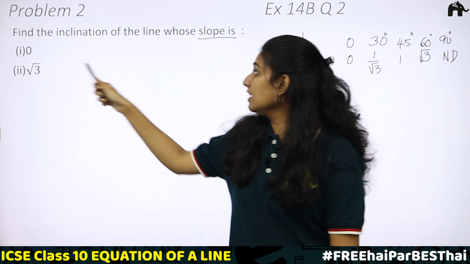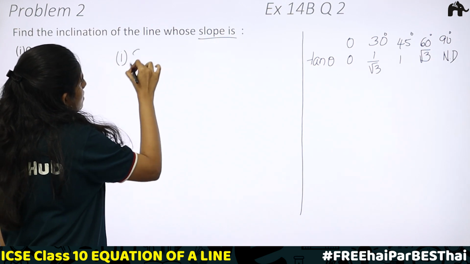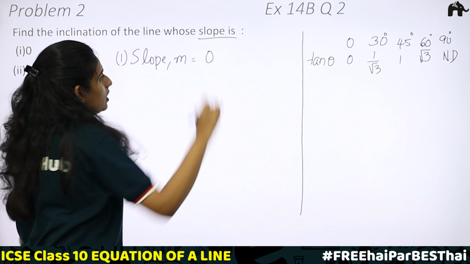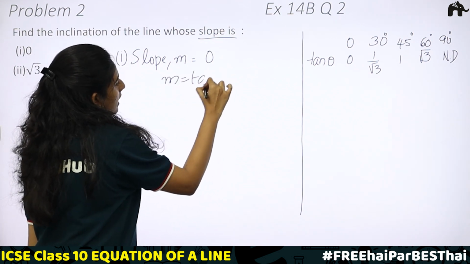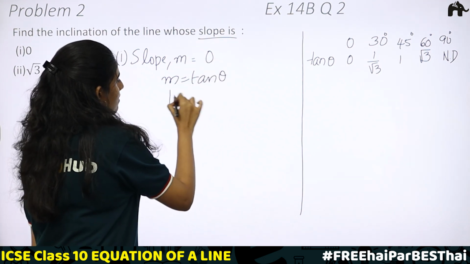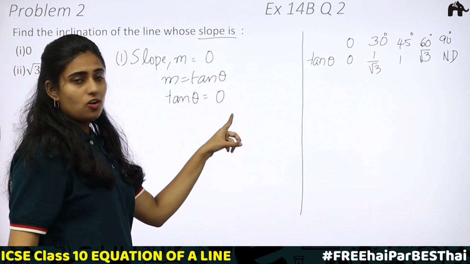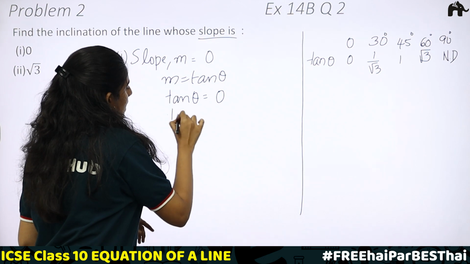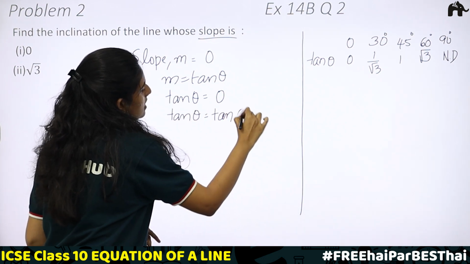Now, here in the first question, we have the slope given. Slope m is equal to 0. We have slope m is equal to tan theta. This is how we get slope. Therefore, here we have tan theta is equal to 0. What is 0? 0 is tan 0 degree. Yes. Therefore, we can write tan theta is equal to tan 0 degree.